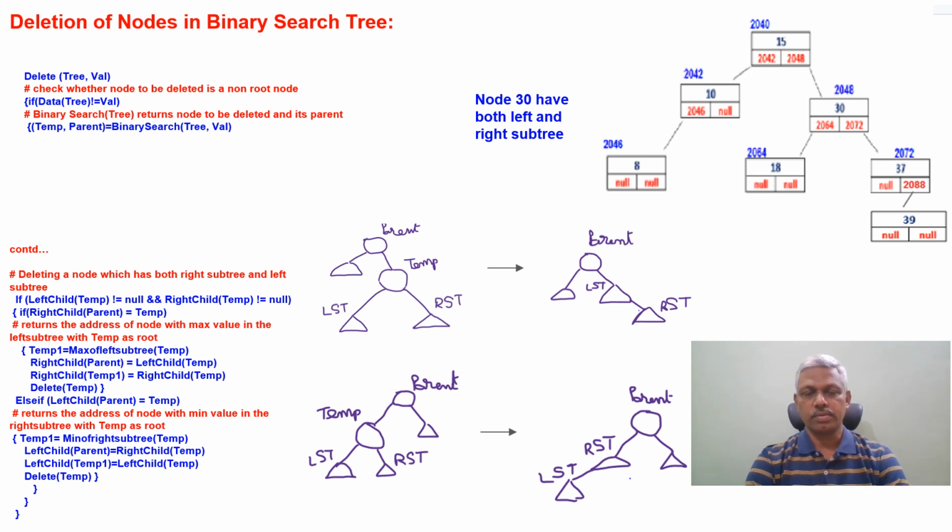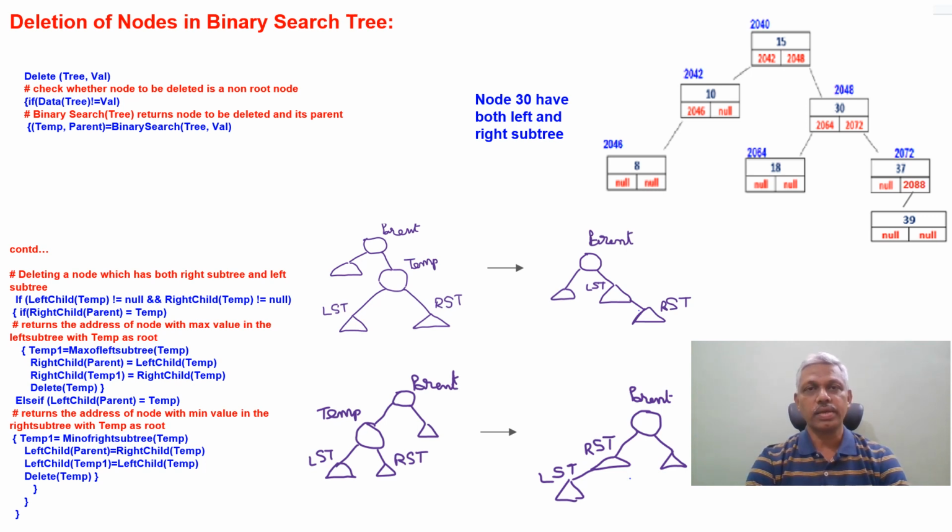Why does this have to be done? If you observe, all the nodes in the left subtree of parent are less than parent, and all the nodes that are right of parent are greater than parent. So whatever elements are there in the LST of temp are already greater than parent, so they can be added as the right child of the parent.